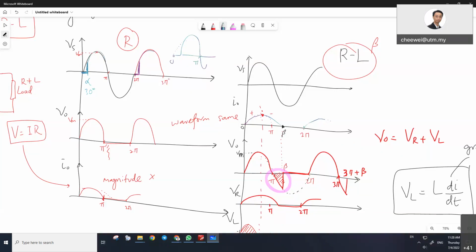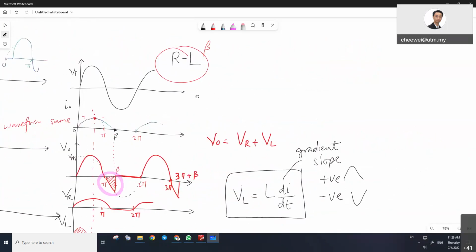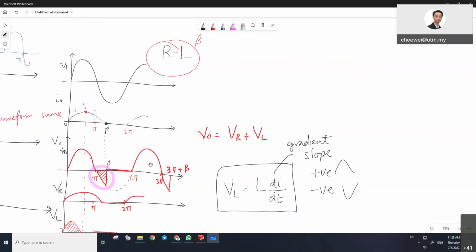Let's talk about how we do the derivation. Okay, let's have a look at this diagram, V out for RL load. How do we derive the V out? So we want to derive this V out, this diagram. How do we start?